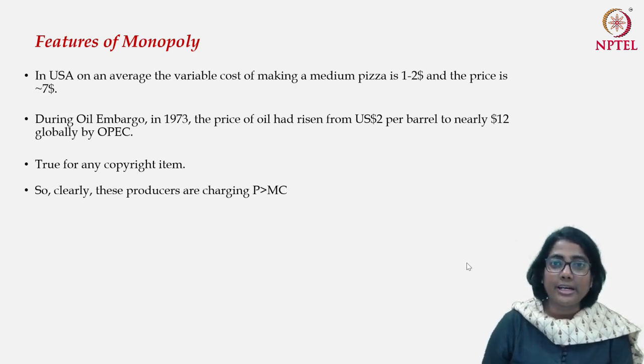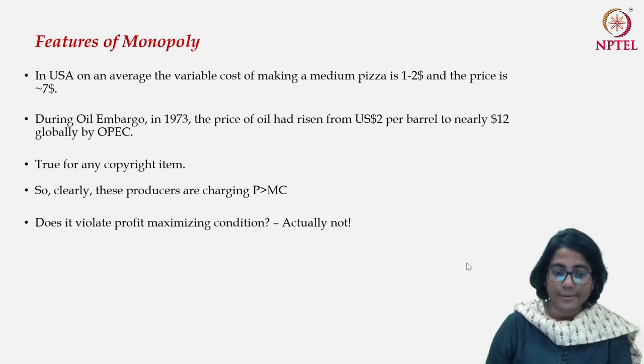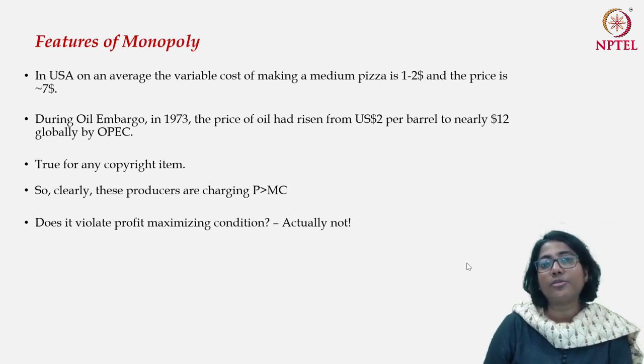So what we see clearly is that if there are a limited number of producers, they have some kind of power so that they charge a price which is higher than the marginal cost. The question that arises is this: we have seen in the case of a perfectly competitive market structure that maximization of profit takes place if price is equated to marginal cost.